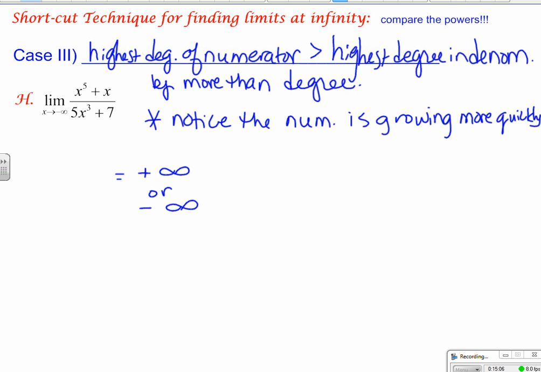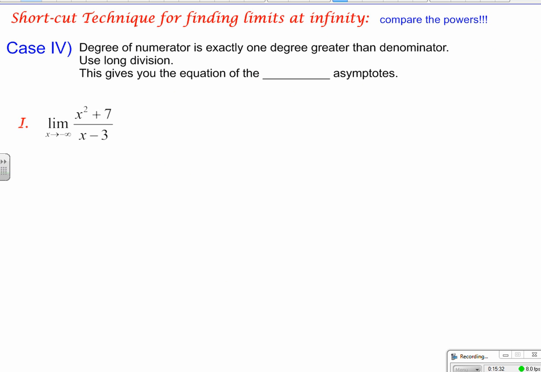On this particular problem, I would see x to the fifth. If I put a large negative in, that's going to stay negative. On the bottom, this will be negative, resulting in positive. This function is going to go to positive infinity. So there is not a horizontal asymptote, but I do know that the end behavior of this function as I head to negative infinity will be sweeping upward to positive infinity.